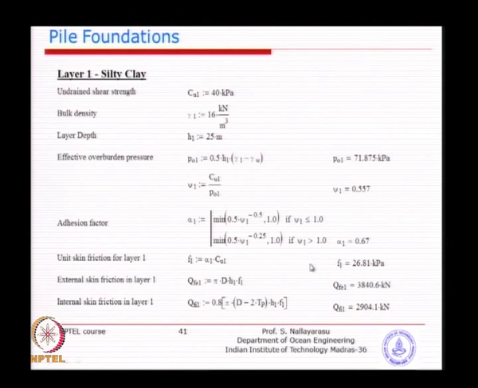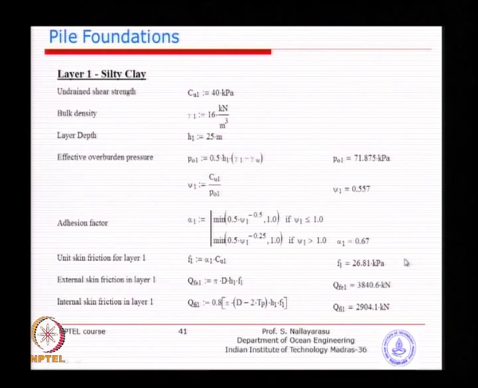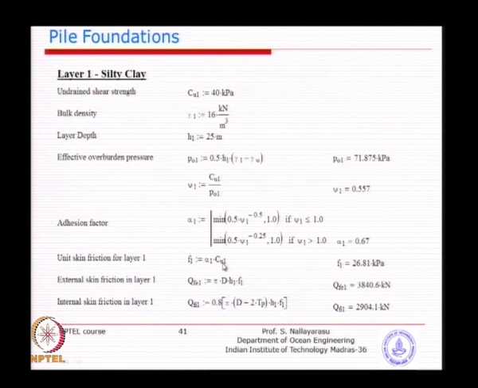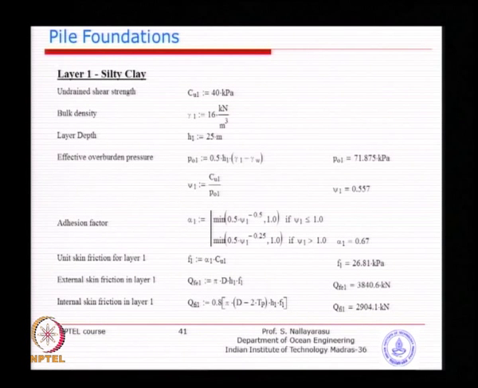It must be limited to 1 if this value comes out higher than 1. That you need to remember. So, once you get 0.67 and multiply with the C value, you get the skin friction. I think at least this much you should remember.